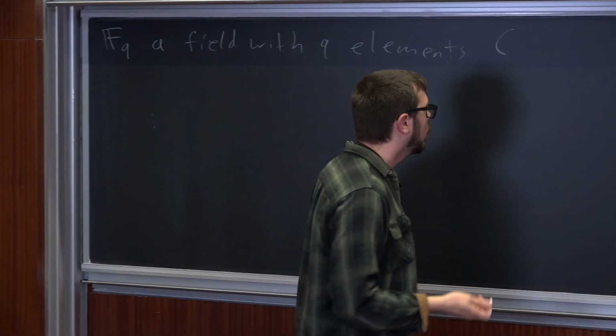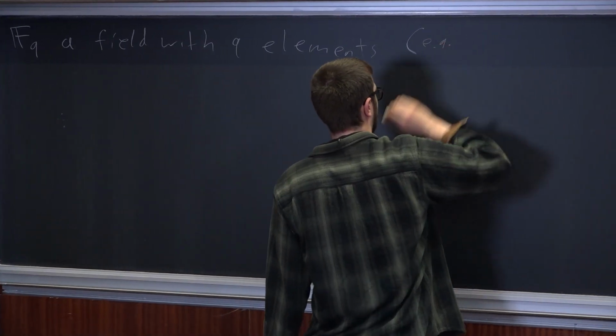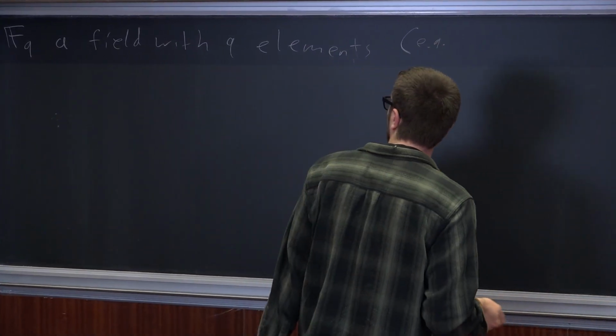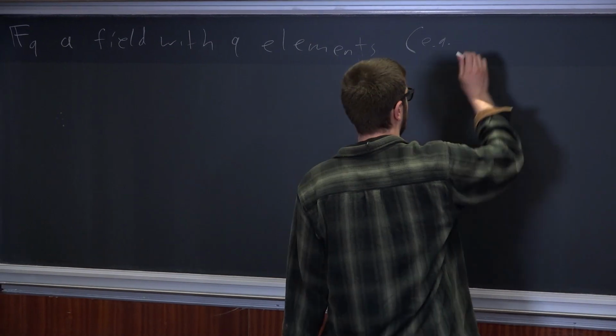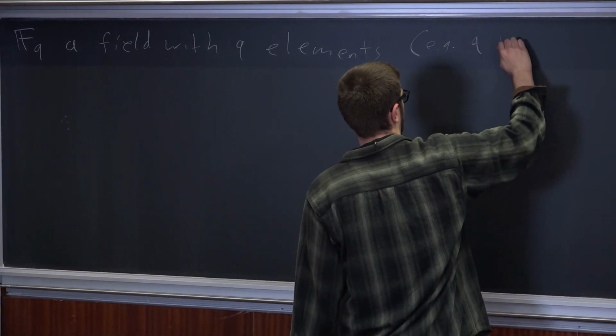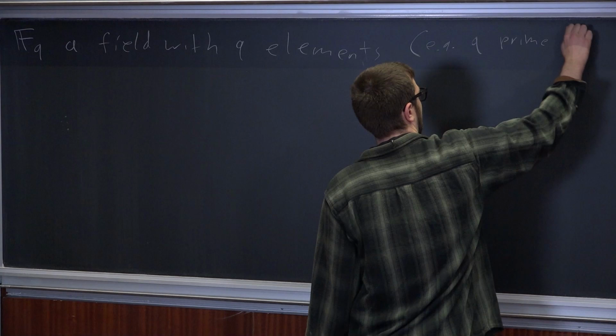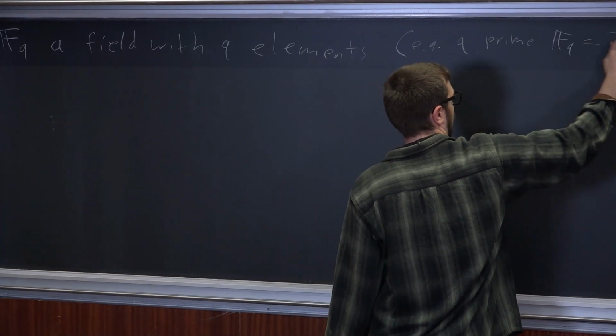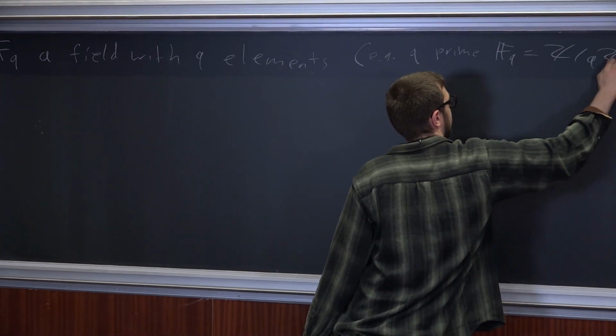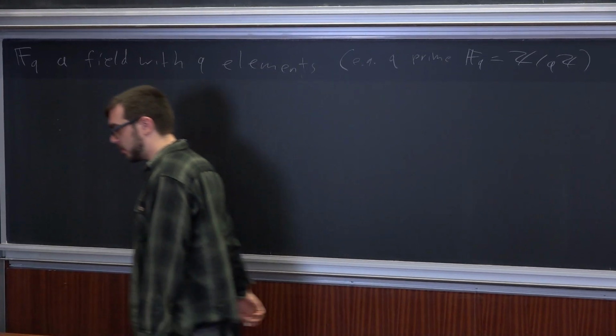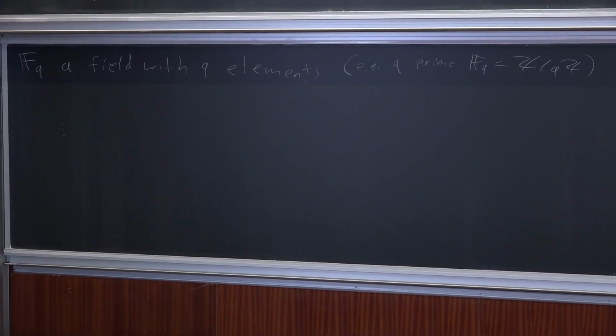And so for almost everything I'm going to say in all my lectures, it's sufficient to consider the case where q is prime. And so F_q will just be the integers modulo q. But we can also consider prime powers with no loss.